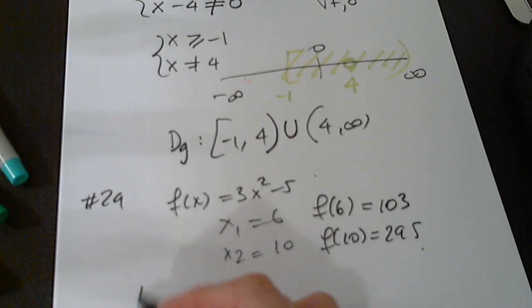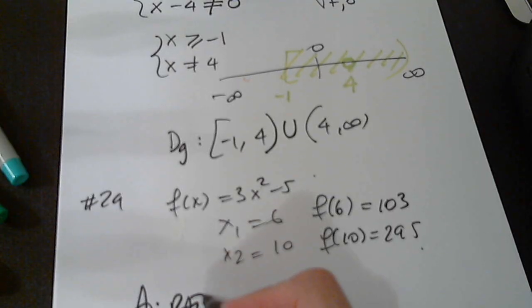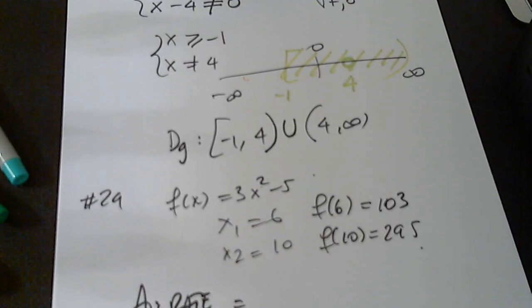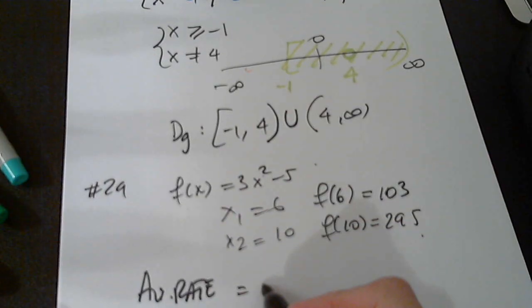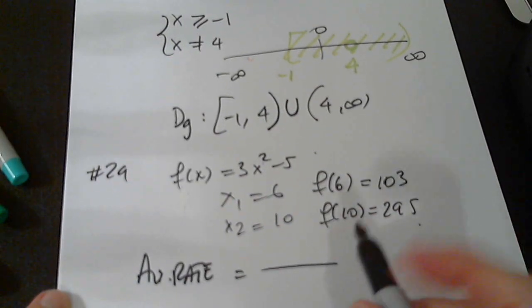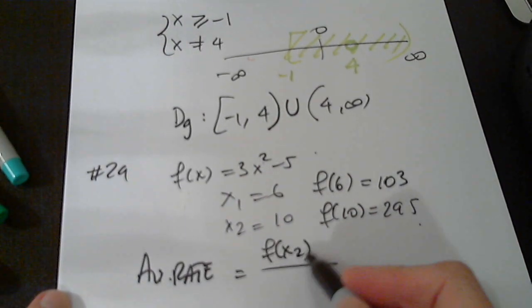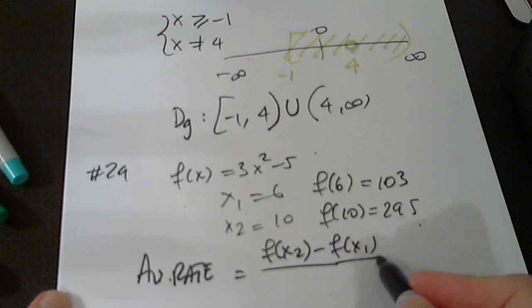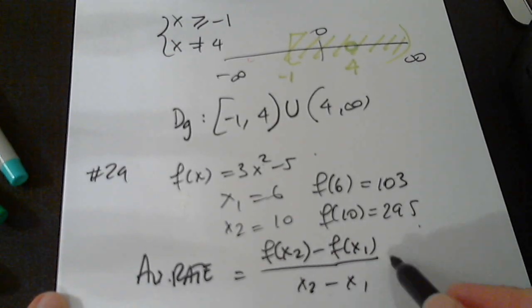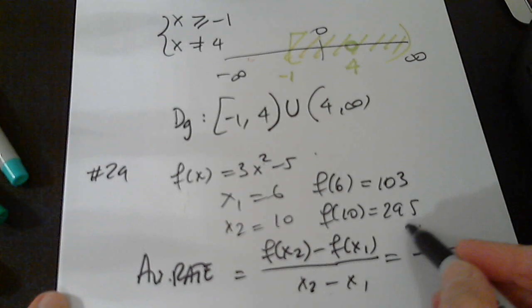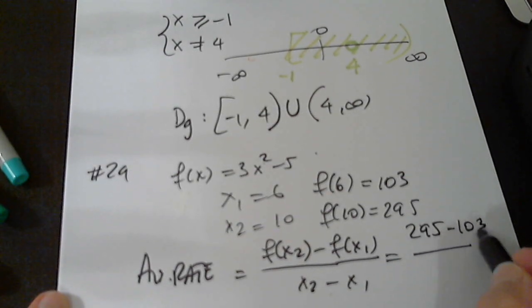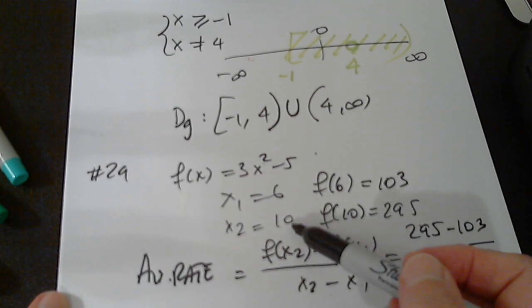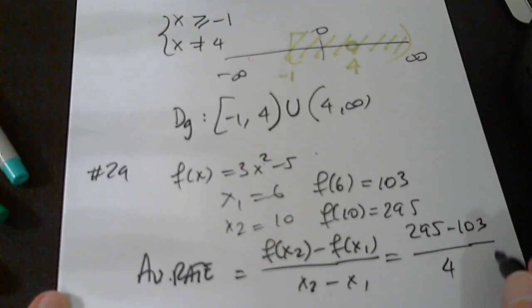Now what? What is the average rate between these 2 points for this function? What do I have to write next? x2 minus x1. Careful, it's always the y values at the top. So f of x2 minus f of x1 over x2 minus x1. Indeed, 295 minus 103 divided by 10 minus 6, which is 4.